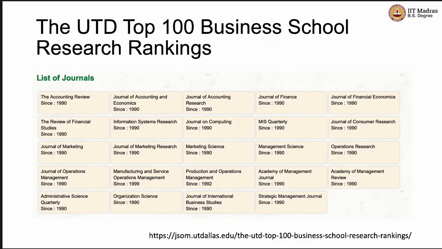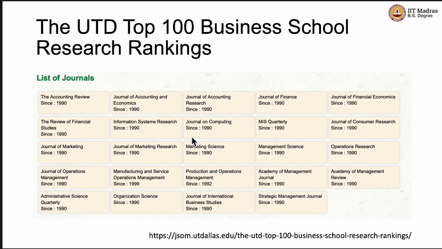So here is an example to show you the top ranking journals. You can have a look, like Accounting Review, Information Systems Research, MIS Quarterly, Consumer Research, or Academy of Management Review, or all these areas, depending, Operations Management. This is a website link you can access to see the top journals.